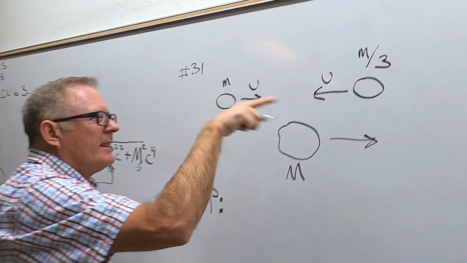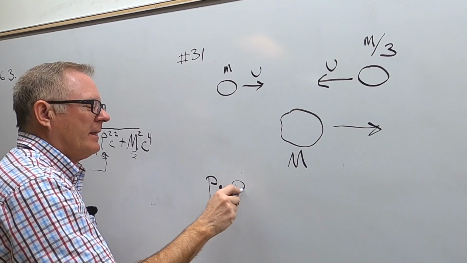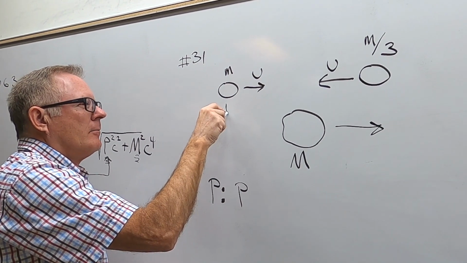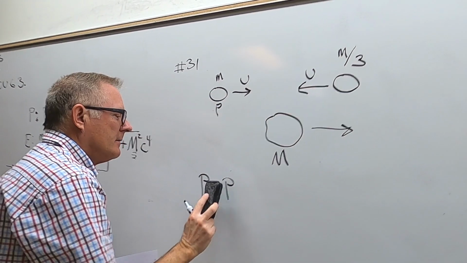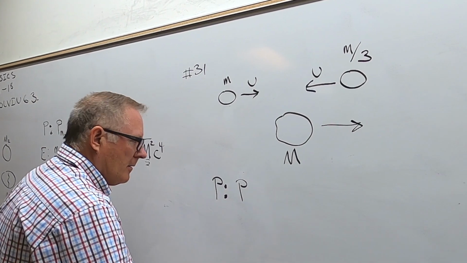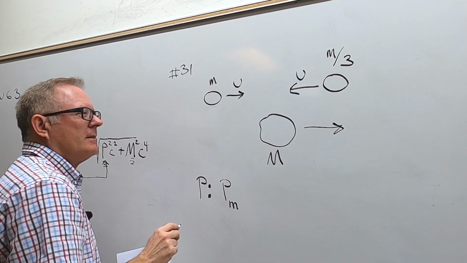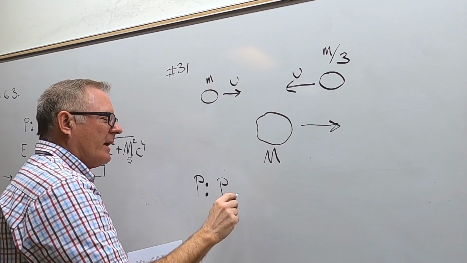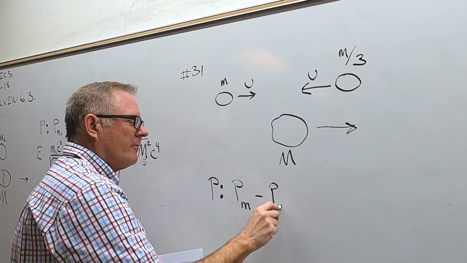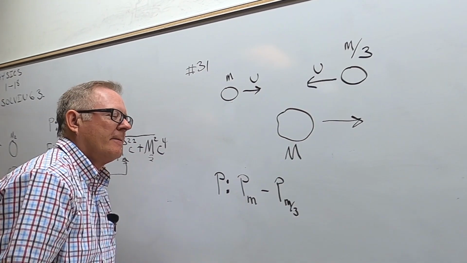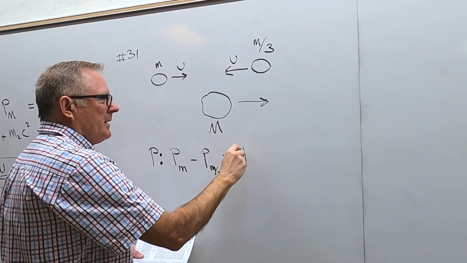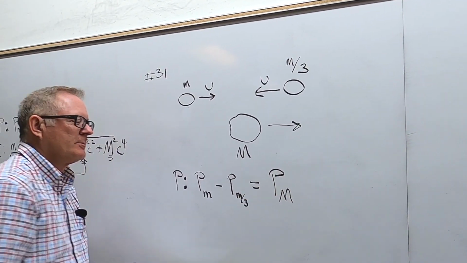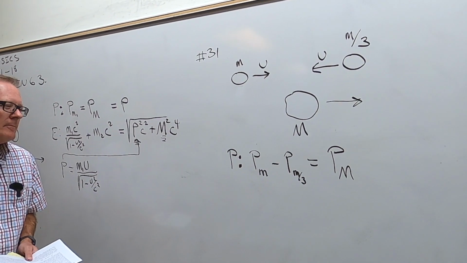Going that way, we have the momentum, we'll call it p sub m. So we got the momentum of this, and since this is going in the other way, it's minus the momentum of the m over 3 guy, and that should equal the momentum of this, p sub big M. So there's my momentum equation.